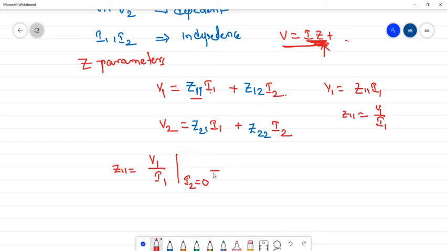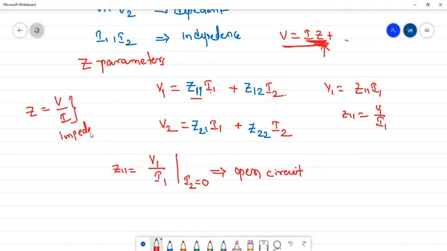So this is called open circuit. We are calculating in open circuit manner. So what is this one? V by I is called impedance, right? V by I is nothing but impedance.